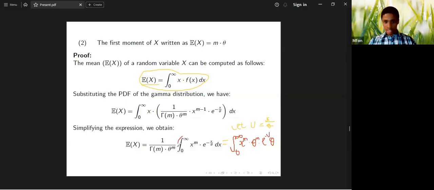This is the same as in our proof of the PDF of the gamma distribution.